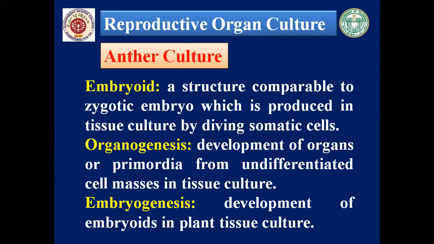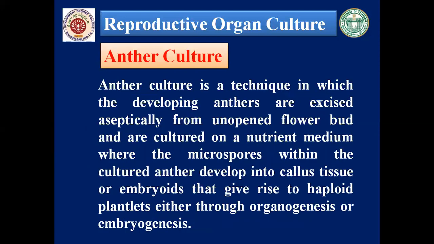That's why when defining anther culture, we said very clearly that the microspores or pollen grains within the cultured anther develop into callus tissue or embryoids, and again they give rise to haploid plantlets, either through organogenesis or embryogenesis.